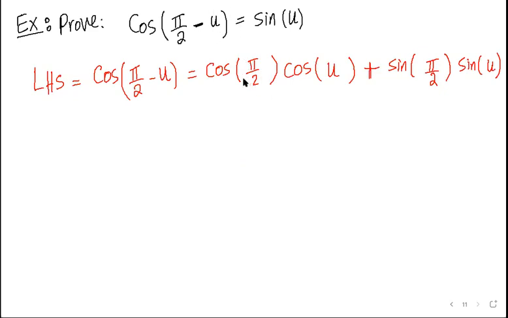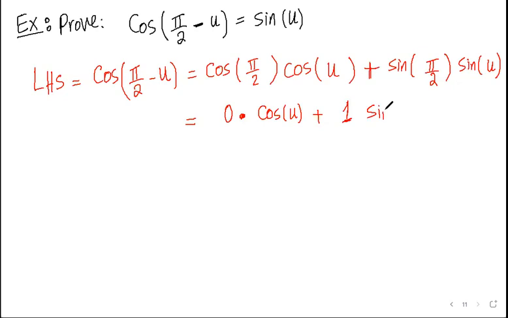Now, what's the cosine of pi over 2? 0. Yes, from the table. Times cosine of u, plus, what is the sine of pi over 2? It is 1. Yes.